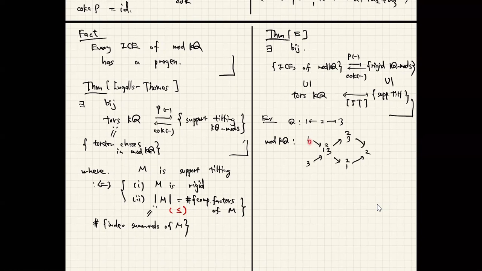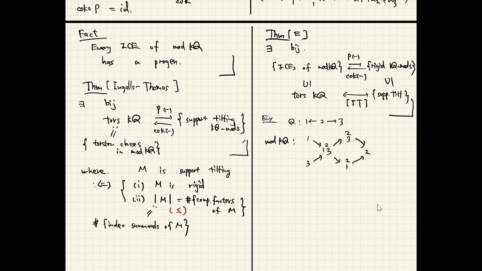So there are 4, 5, 6. So there are 6, and these 6 modules correspond to indecomposable modules, and the number is the same as the number of positive roots of the root system of type A3.